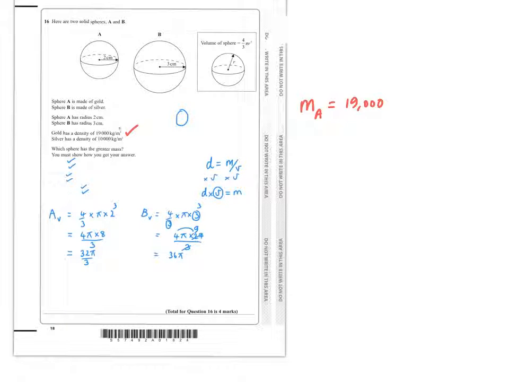Wow, it's in meter cubes. So we've got to be really careful because the radius was given in centimeters. So what we should do is, how many centimeters are there in a meter? Well, there's 100.